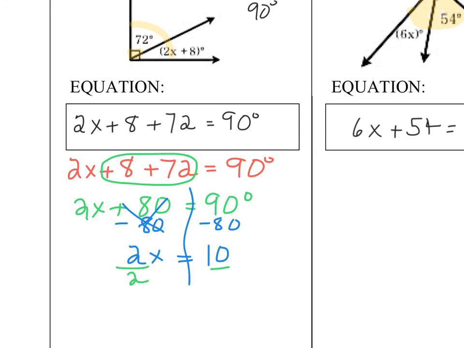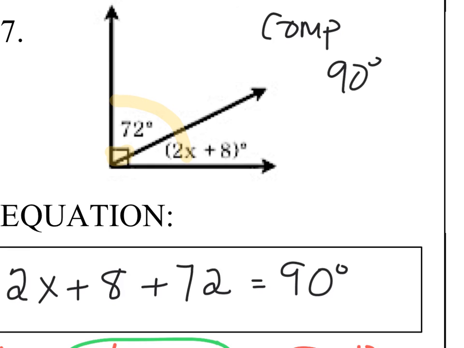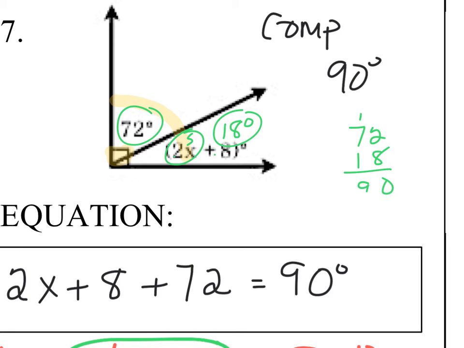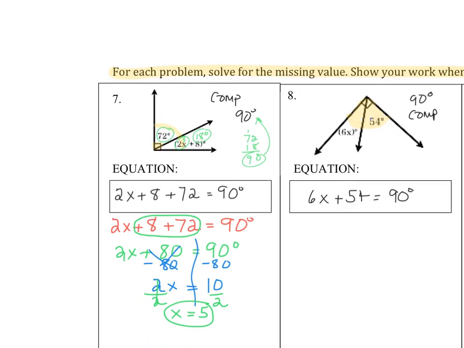Divide by 2, divide by 2. x equals 5. And look at what happens. If I put a 5 right here, that would be 10 plus 8, which gives us 18 degrees here, and 18 plus 72 is 90, so that works. That's a little check for us.